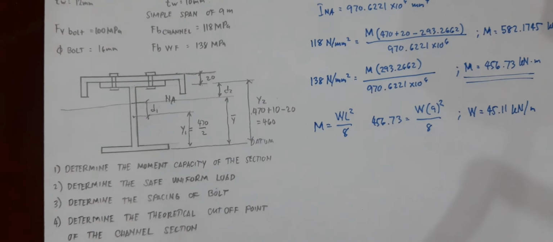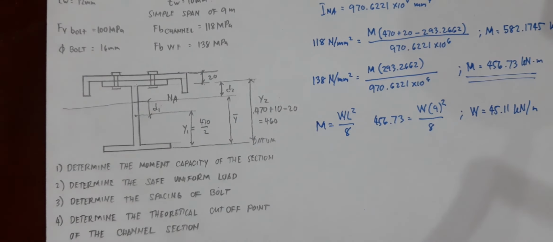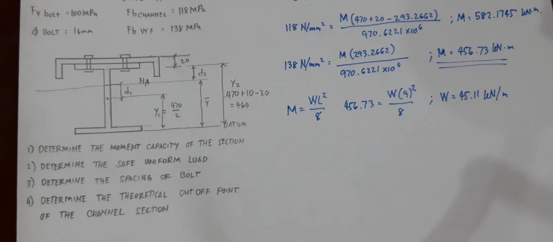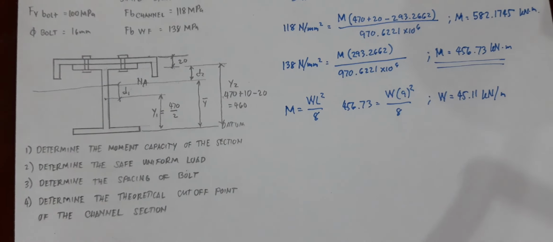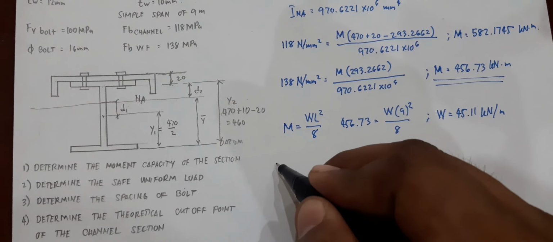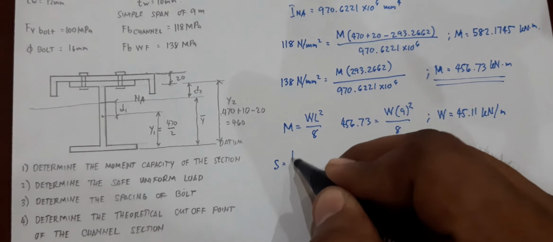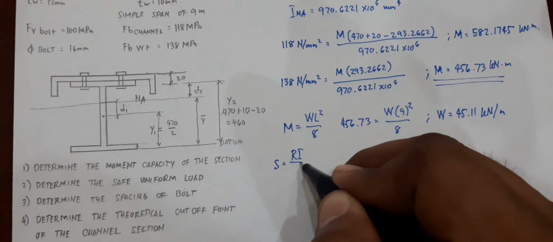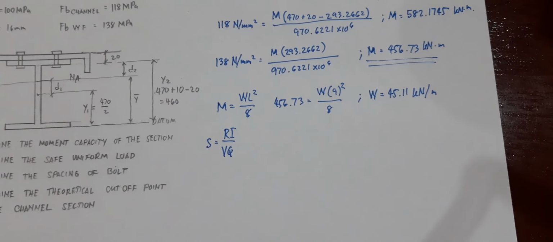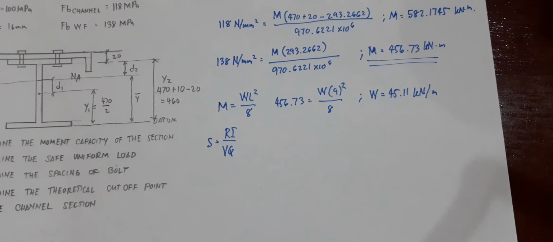Next is spacing of bolts. Going back to principles of your strength of materials, spacing of bolts is taken using the formula S is equal to RI over VQ. Okay? So, let's go to their definitions. S is the spacing.